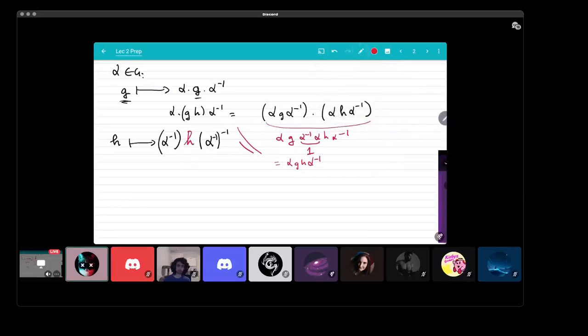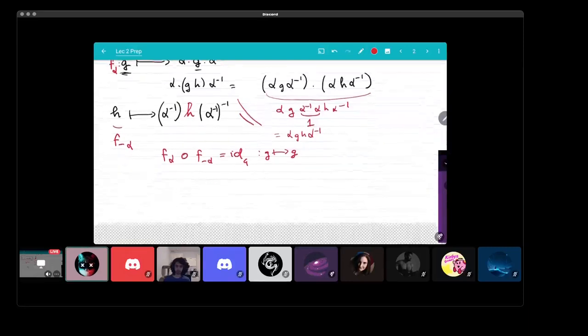Let's call this f alpha and this f minus alpha. We can check that f alpha composed with f minus alpha is the identity map on G that sends an element to itself.